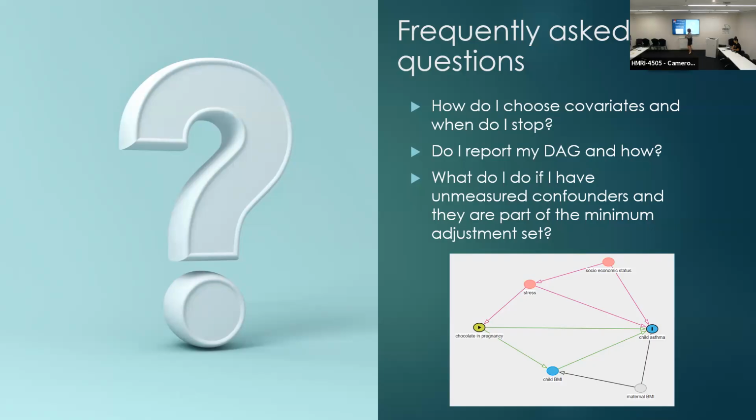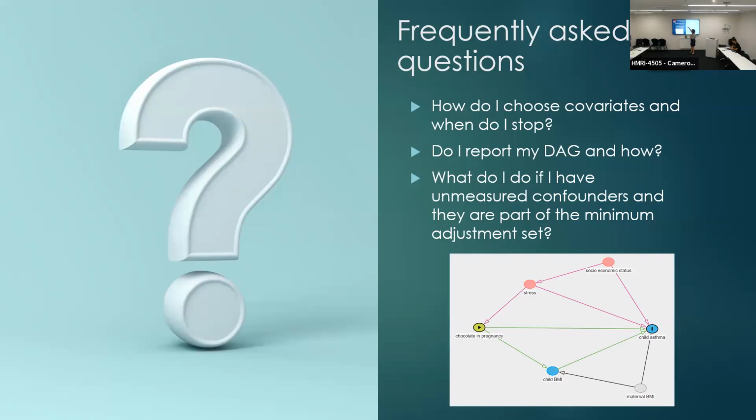But genes are of course related to the child's asthma, and they're related to the mother, and it could be explaining part of what's going on here because the child simply inherits genes from the mom. So we often put that in as unmeasured, and we have to decide how much it's affecting. Just something to think about if you're working in that space.